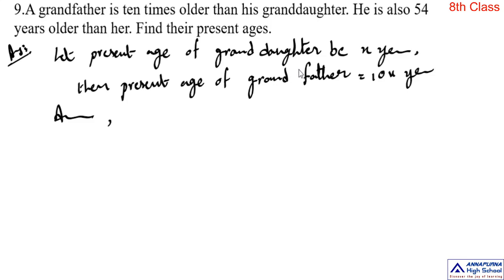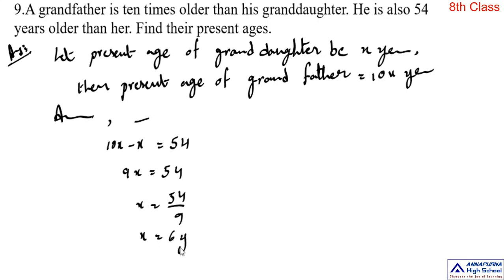Obviously 10x is more than x. So 10x minus x is equal to 54. So 9x is equal to 54. Then x is equal to 54 by 9, and x is equal to 6 years.